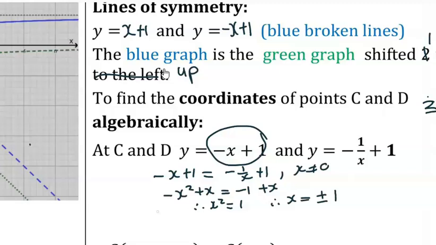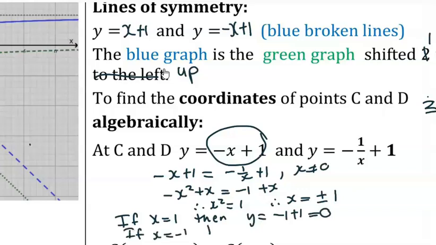So if x is equal to 1, then y is equal to minus 1 plus 1, which is equal to 0. If x is equal to minus 1, then y is equal to minus 1 plus 1, that gives us 2.